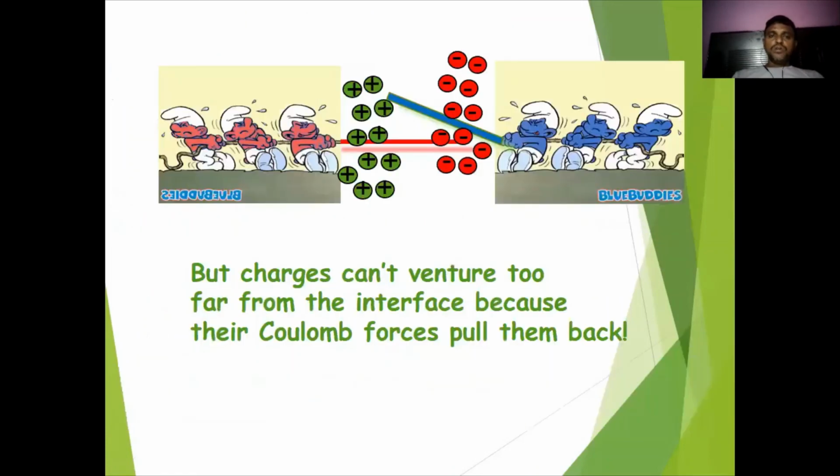Another picture you can observe here. What happened here? The positive ions are accumulated on the N side, and negative ions are accumulated on the P side of the PN junction, so they do not allow the holes and electrons to cross on either side.